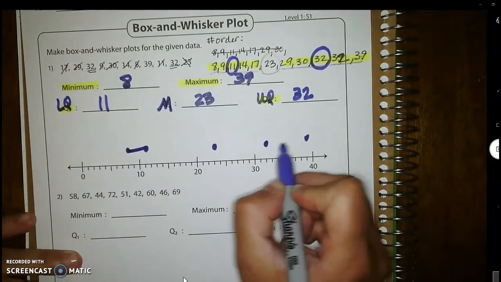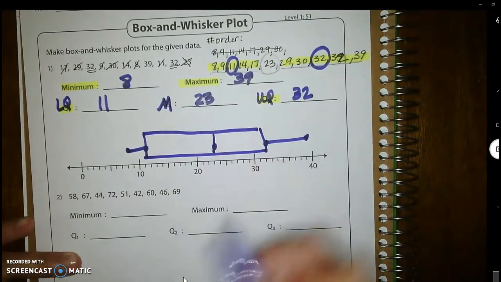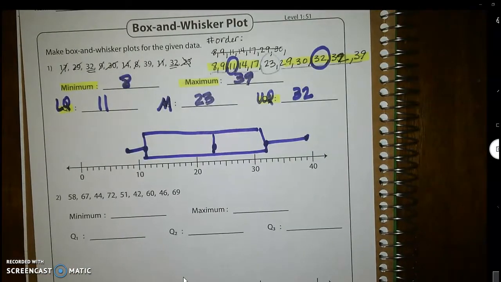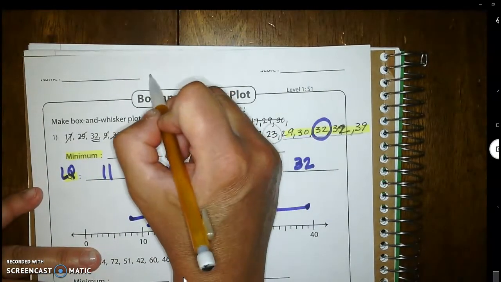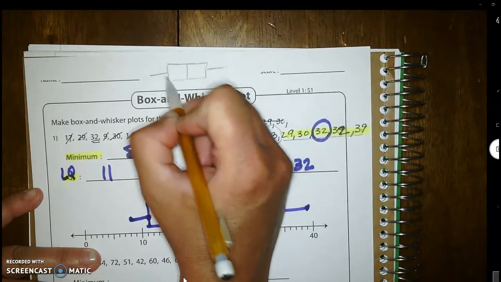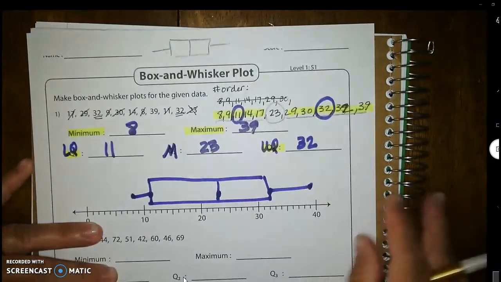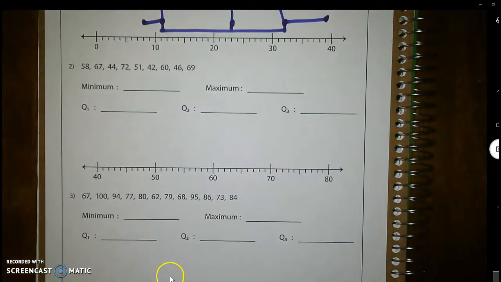I know these are my whiskers, and here's where my box is. Okay? Be super careful. Your box and whisker plots are not always going to be perfectly spaced out. It's not always going to be a perfectly symmetric box and whisker plot. Okay? All right, let's go do number 2.